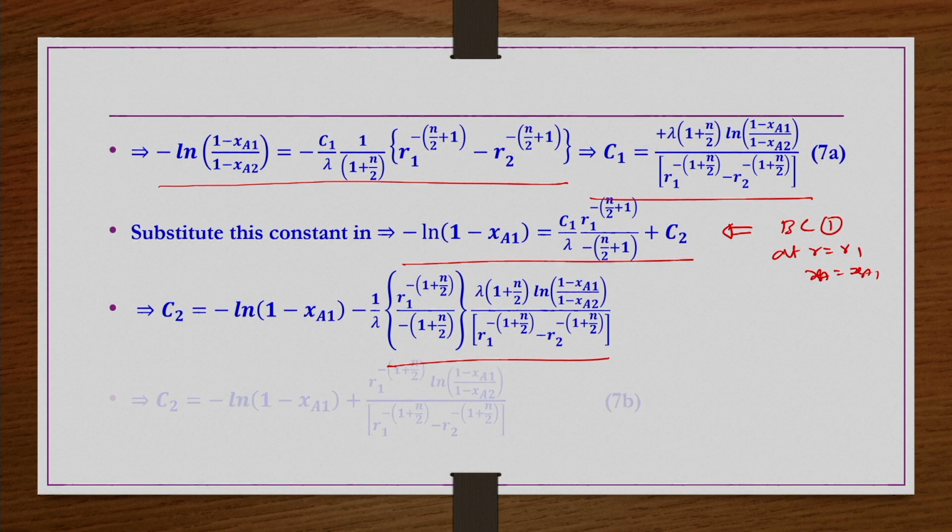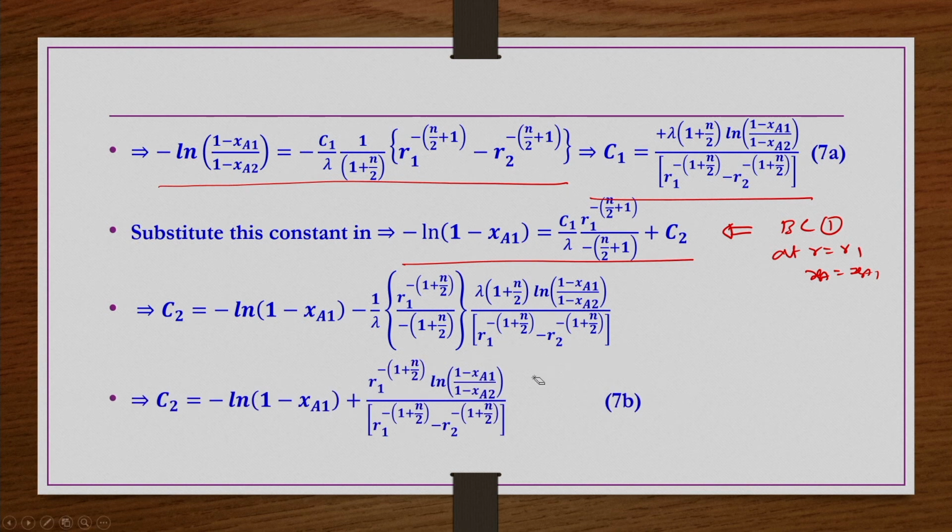Now we have C1 and C2 here. C2 we can simplify slightly: this lambda and this 1 plus n by 2 cancel out. The remaining terms are this, and this term is as it is. So 7b is C2, 7a is C1.